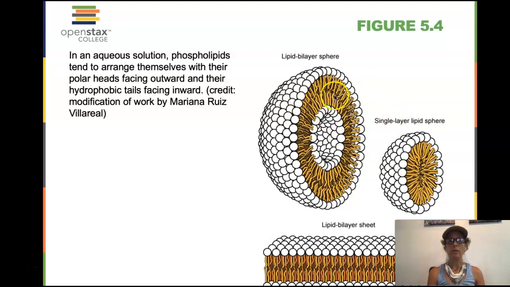It could be a bilayer, or it could be a single layer lipid sphere, and we can even create those bilayers in an aqueous solution. None of these are cells, but this way is how cells organize their bilayers.